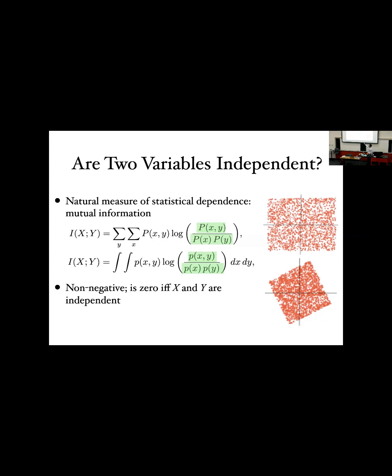Then we can just measure the Kullback-Leibler divergence from the joint measure to the product of the separate marginal measures. If they're the same, they are independent. If they are not the same, they are not. So as you can see from here, mutual information between two variables or multiple variables is nothing but the Kullback-Leibler divergence from the joint probability measure to the product of marginal ones. Okay, so it directly follows from the definition.